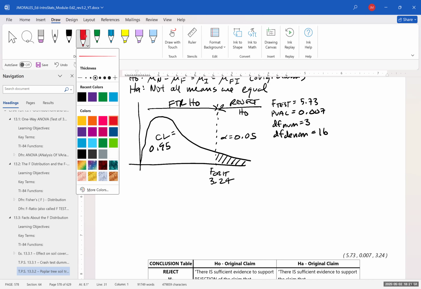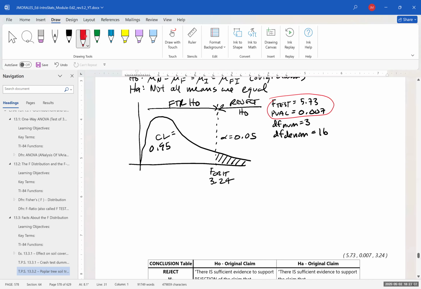And we have a test statistic of 5.73. So 5.73 is going to be above 3.24. So this is going to be our F test statistic of 5.73.